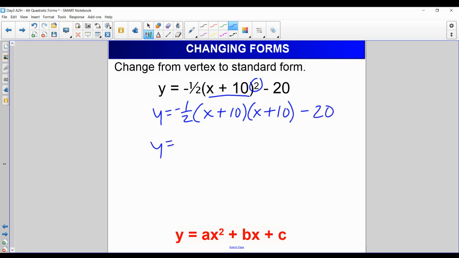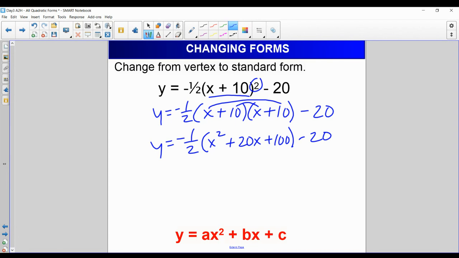So again, I would do FOIL, or everything in the first times everything in the second, and I would get x squared. I'm going to add the 2 as I go, the inside outside, to get 20x plus 100, minus 20 still there on the outside.